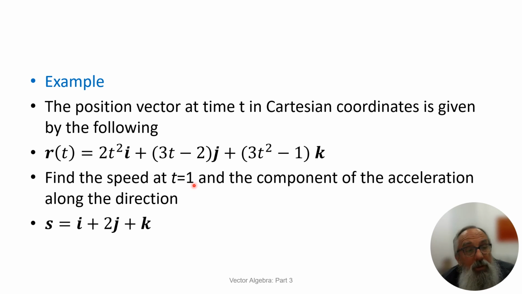So we need to differentiate this position vector to get v, and we need to substitute t into that. But we also need to find the component of the acceleration along the direction of this vector. So that's where we're going to do our dot or scalar product and find the component of acceleration along this vector. So we're going to see two derivatives to get the velocity or the speed and the acceleration.